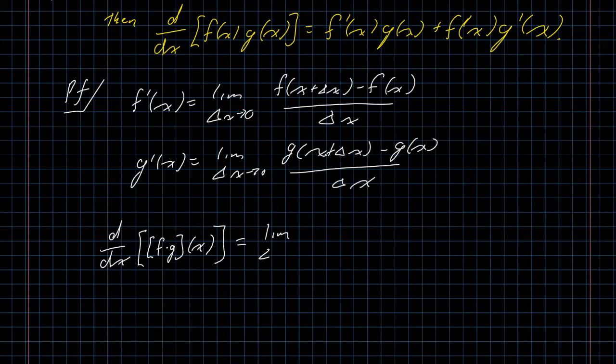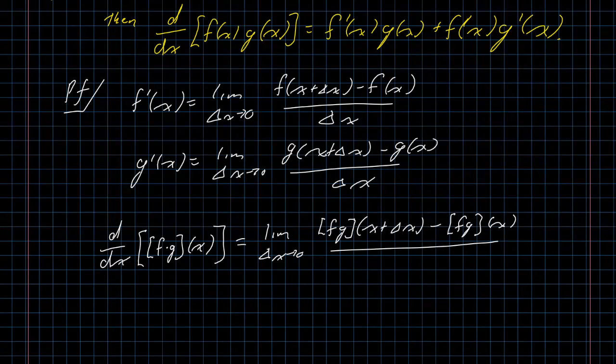We're taking the limit as delta x goes to 0 of the product f times g evaluated at x plus delta x minus that same product f times g evaluated at x all over delta x.